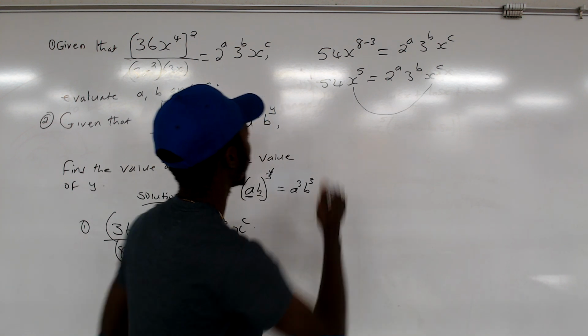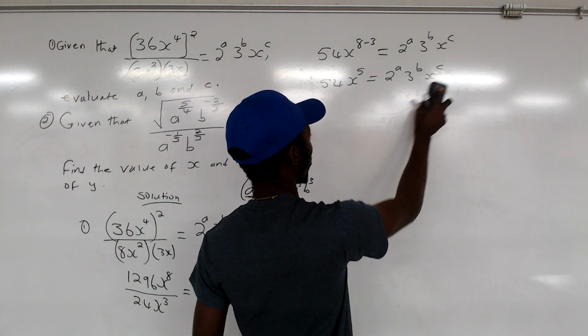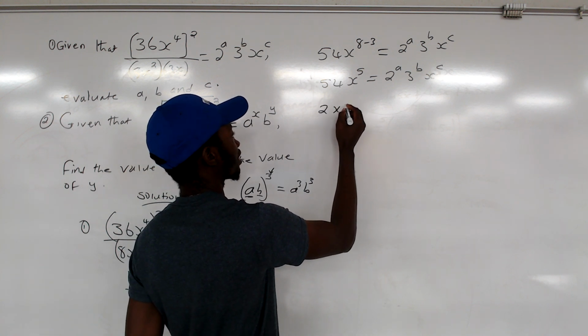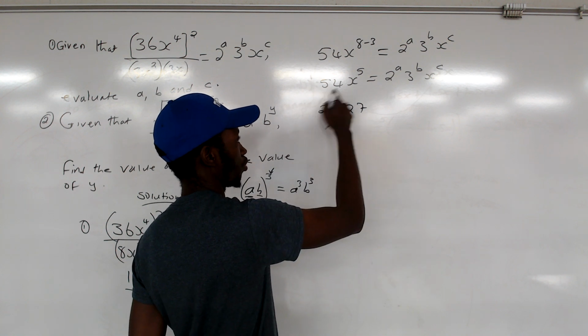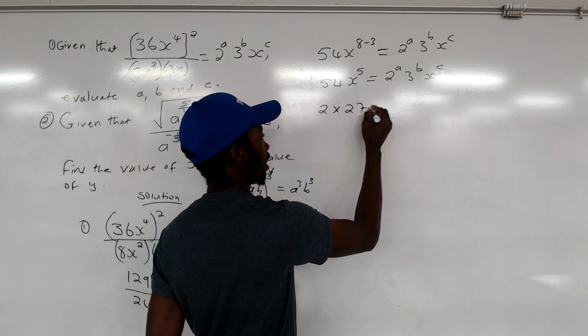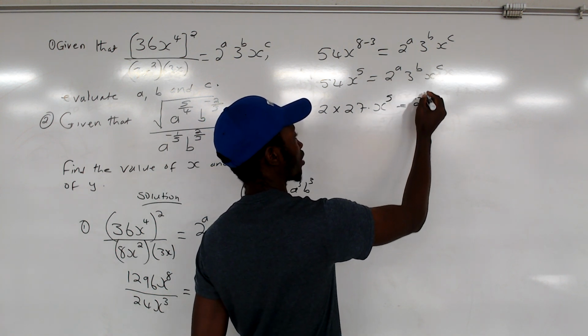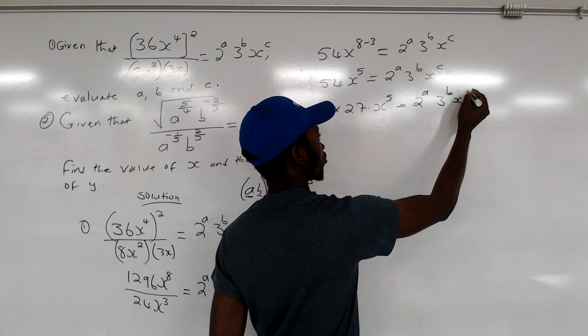So 54 can be split in various ways, but one of the ways, we can say 2 times 27. 2 times 27 will give us 54, and we rewrite 2 times 27 times x raised to the power 5 equals, we write the individual terms on the right, 2 raised to the power a, 3 raised to the power b, and x to the power c.